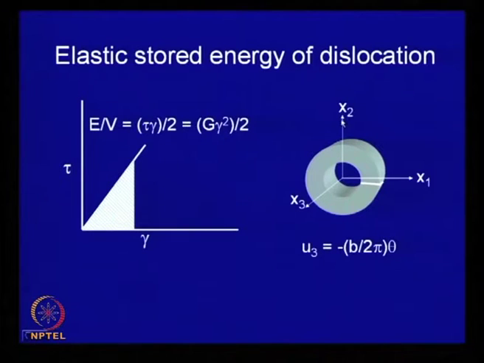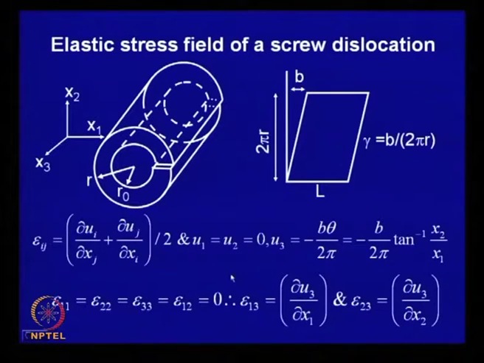There is no other displacement along the x1 and x2 axes, so u1 and u2 are 0, and u3 equals b theta over 2 pi, and this theta you can also write in terms of Cartesian coordinates.